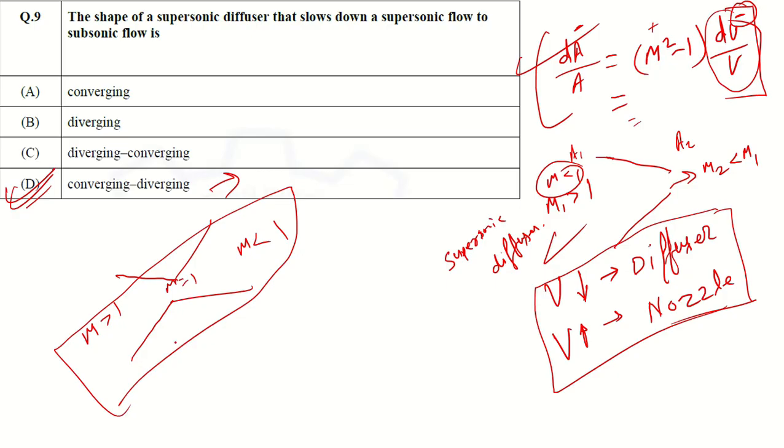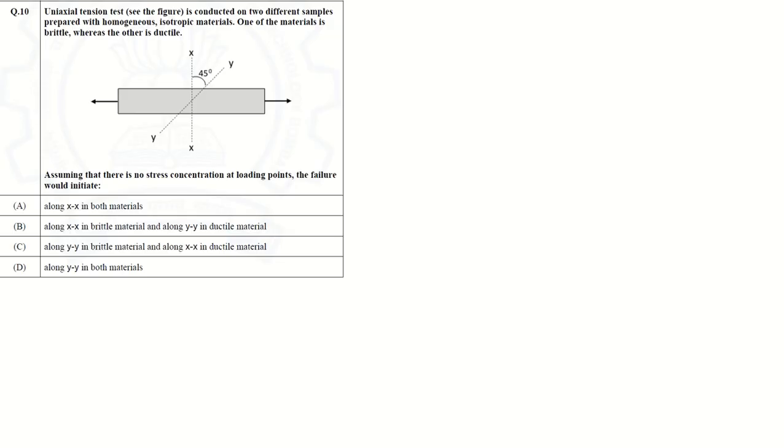Next question: a uniaxial tension test is conducted on two different samples prepared with homogeneous isotropic materials. One of the materials is brittle, whereas the other is ductile.